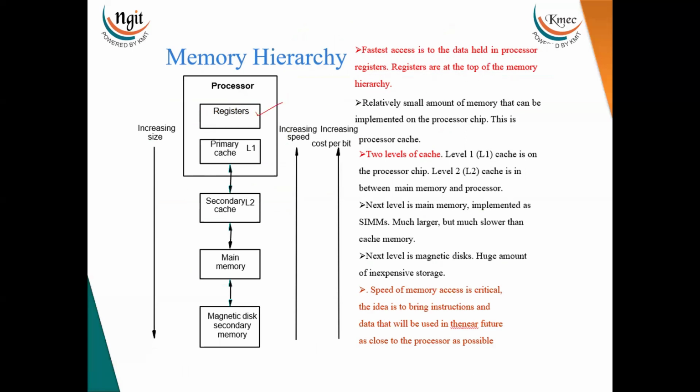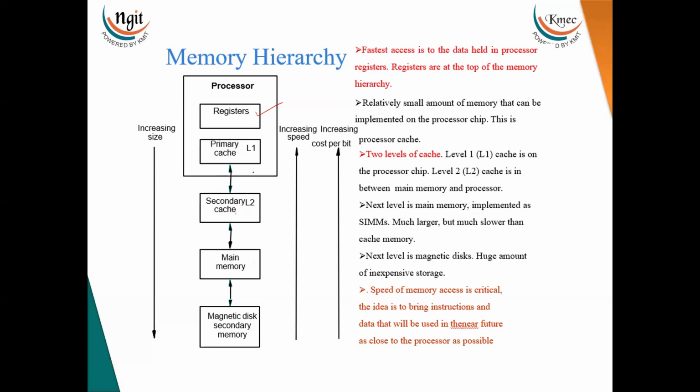They are the fastest devices, but their storage is very small. Next, two levels of caches are used. The first is the level 1 cache or primary cache, which is on the processor chip, and the second is the secondary or level 2 cache, which is between the processor and main memory.